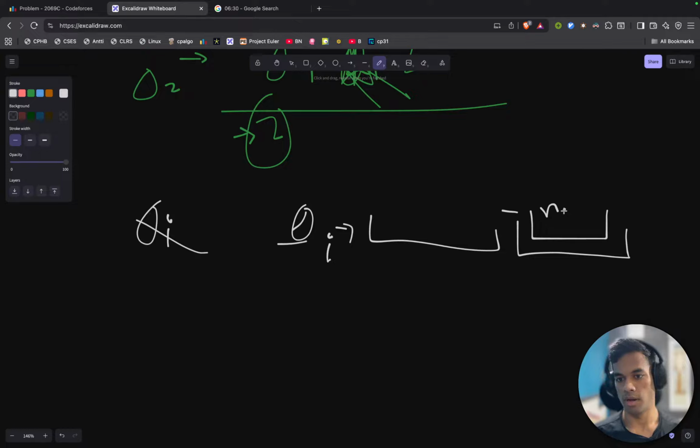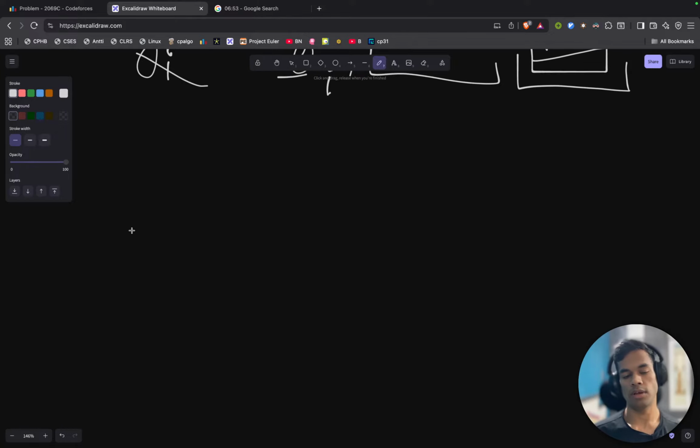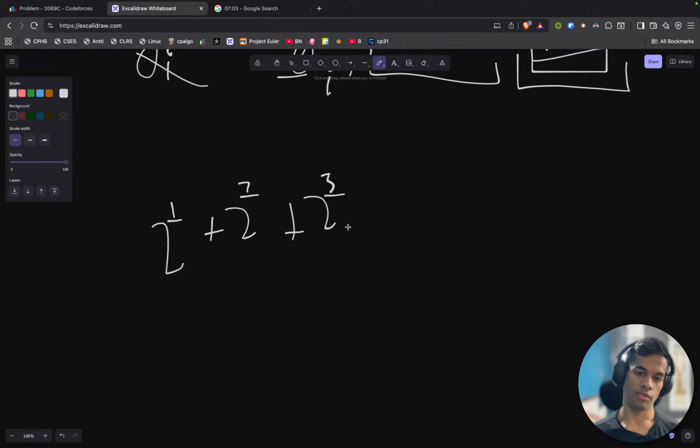And this other part would be the sum, if we have 2 power 1 plus 2 power 2 plus 2 power 3, and if we are storing 1, 2, and 3.